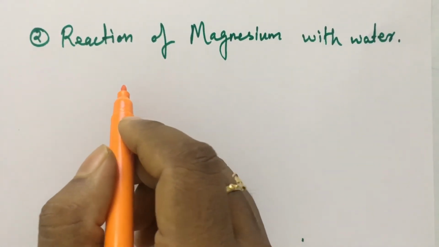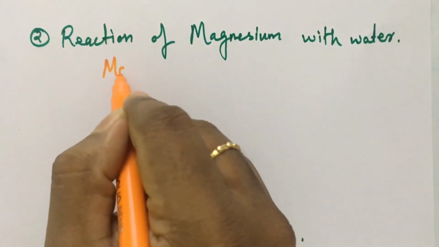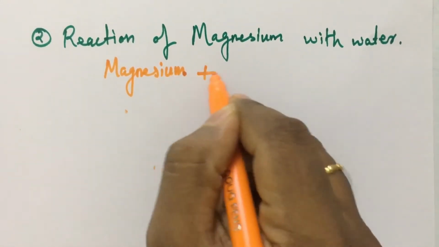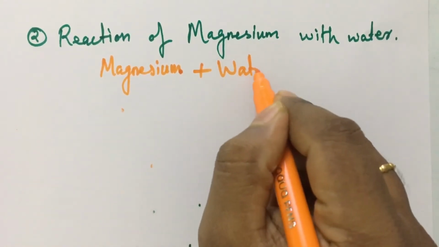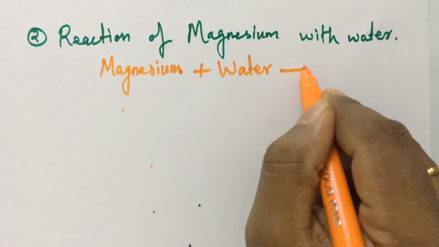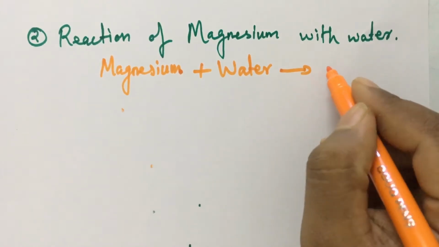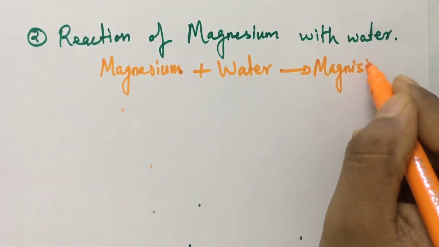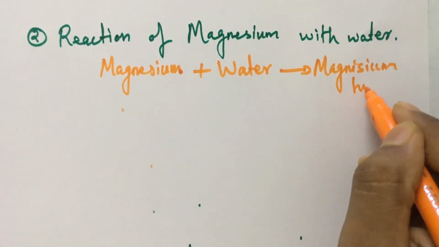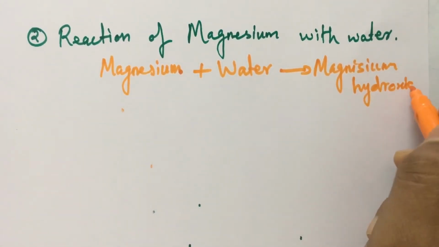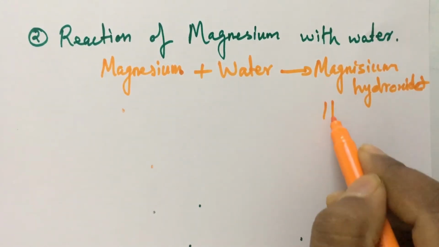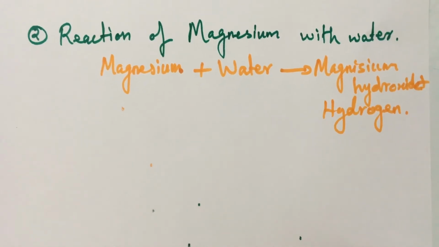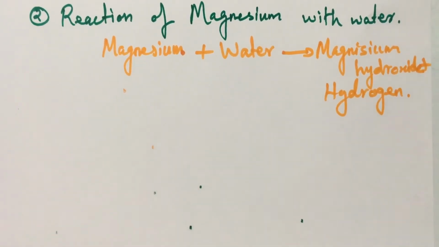So let me write the skeletal equation, that is magnesium plus water will produce magnesium hydroxide plus hydrogen. So this is the first step we have written, writing the skeletal equation.